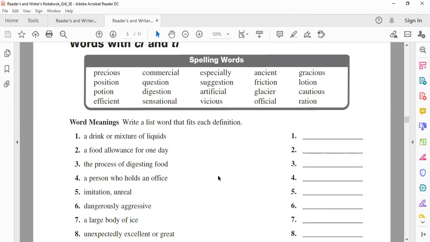Okay, these are the words that we have in the page 273. Now I heard the sound of them. What is the meaning of each word? Let's go together and understand the meaning of each one.